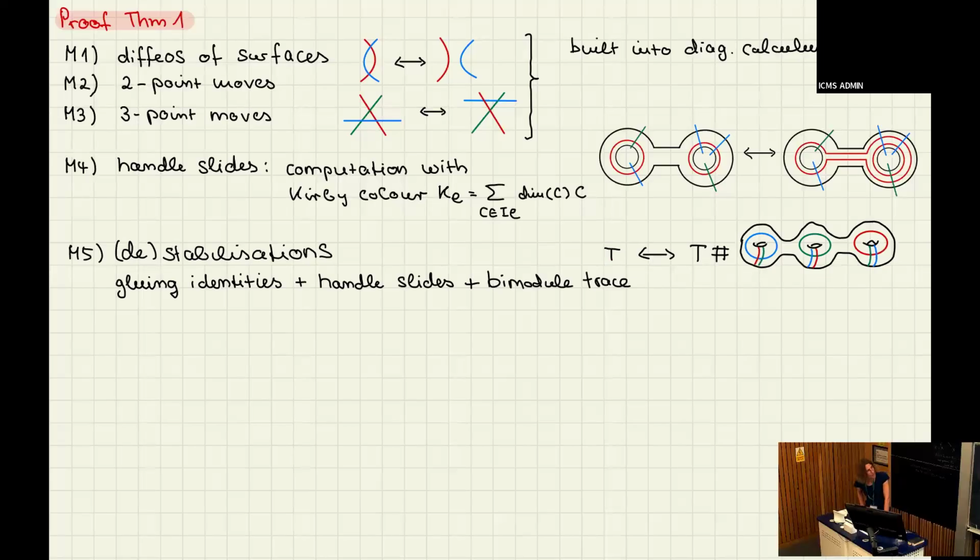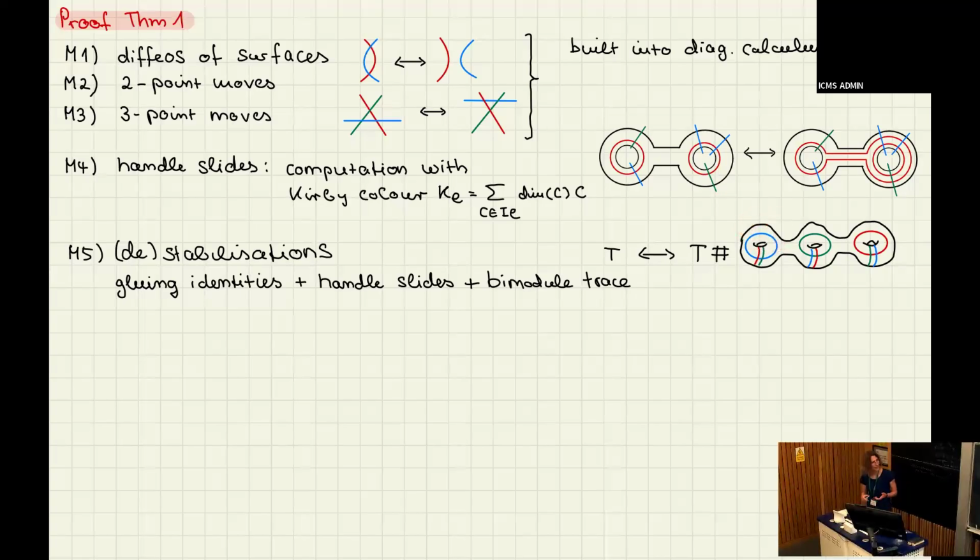For the destabilization, one really needs an idea, and one really needs everything that we have so far. So we need the gluing identities, we need the handle slides, and we need the bimodule trace. What we're doing essentially is we're punching a small hole here. So we remove a disk, and then we surround this hole with the blue and the green curve.